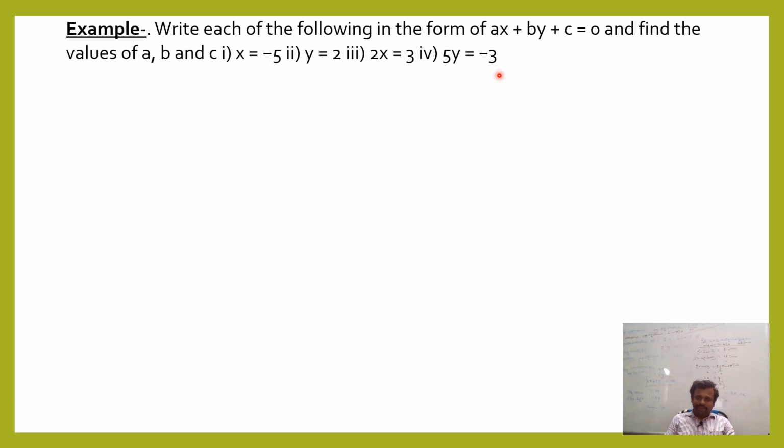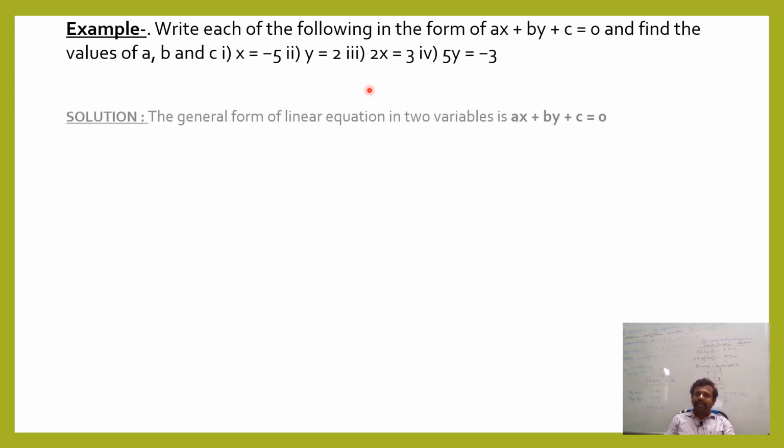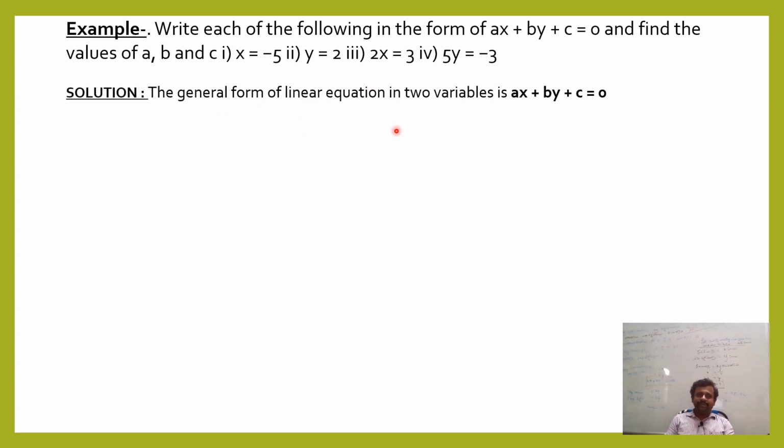For comparing, first we have to write the general form. You can recall it, memorize it. The general form of a linear equation in two variables is ax plus by plus c is equal to 0.